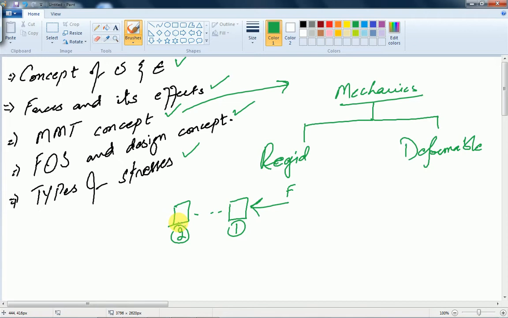But if the body is deformable and we apply a force on it, what will happen? The body will collapse. The final shape can be like this. It can thin out from the center, and it can increase its other lateral dimensions.